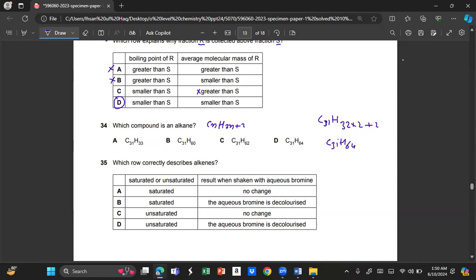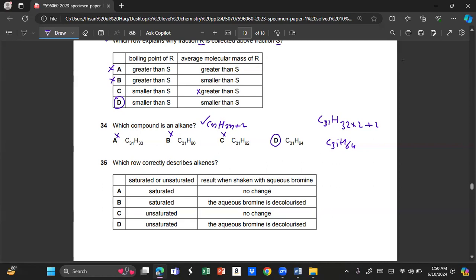So the only option which is working for this is not A, not B, not C, only D. Option D is correct, as this formula fits into the general formula of alkanes. Hope you understand. Options A, B, and C don't fit into the formula of alkanes. That is why the only option which is an alkane is D. This is correct.